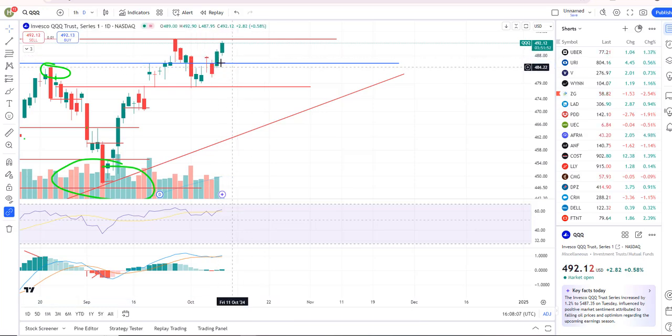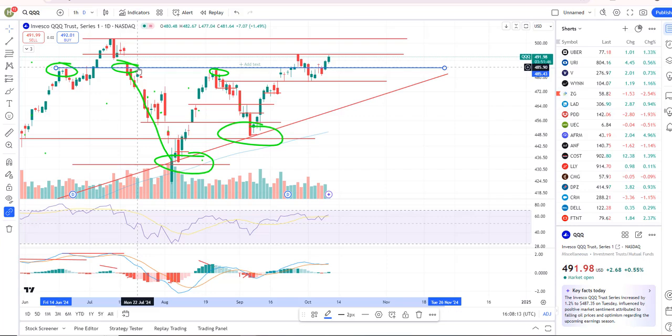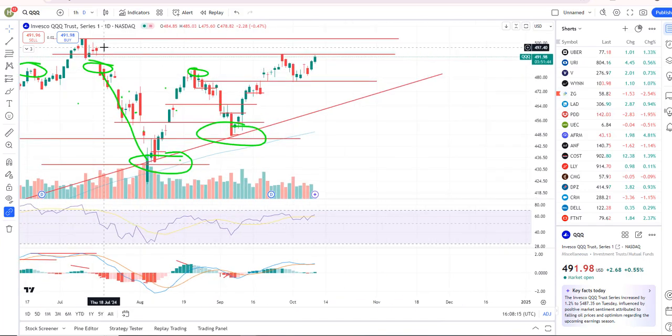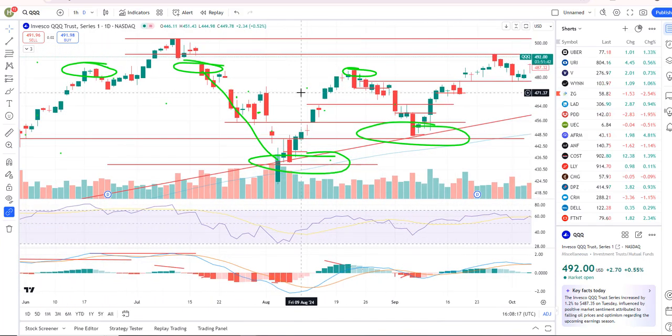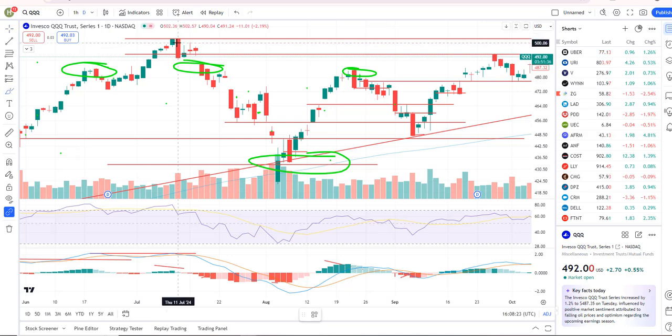Now, at this point in time, we're coming back into those highs. There's obviously this gap to fill. I just don't think it makes sense to be short right now on the triple Qs. The biggest level to watch would be this bearish engulfing candle right here. That's the all-time high in the tech stocks and triple Qs.